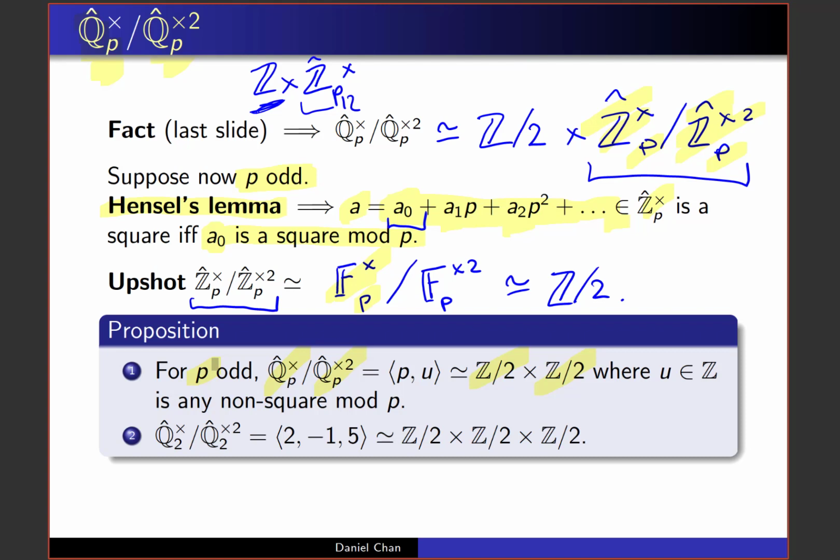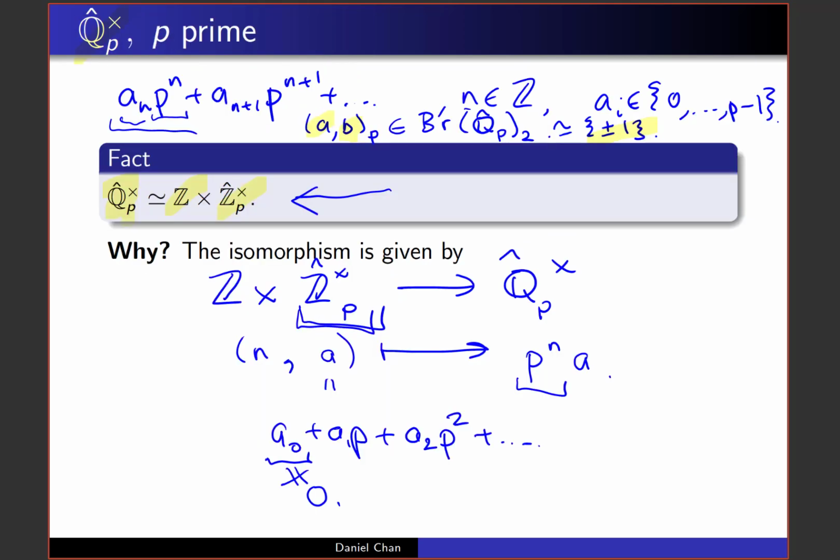And you can say more. You can actually say what the generators for this product of cyclic groups are. So they come from, what was the generator of the original Z? If you remember from the previous slide, it's given by this p. Where does n equals 1 get mapped to?